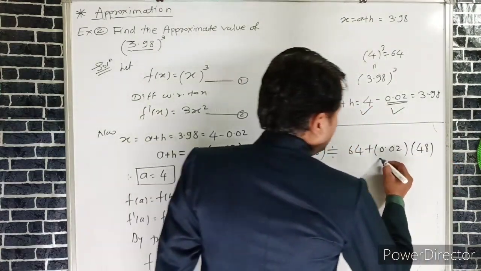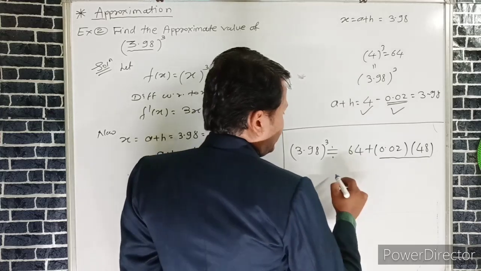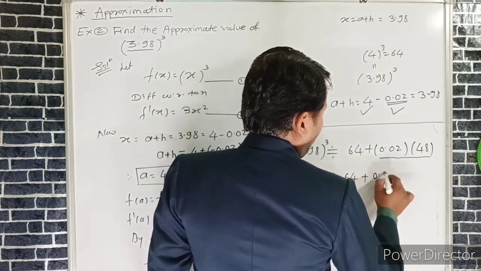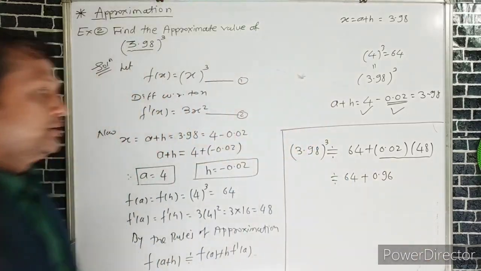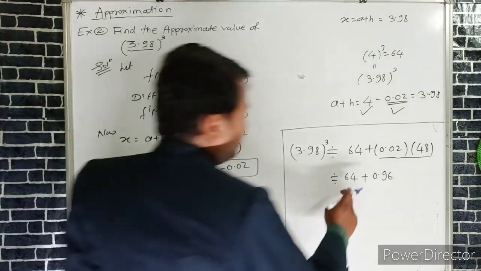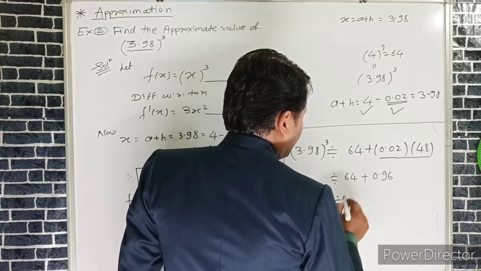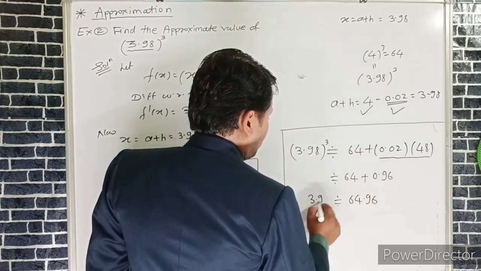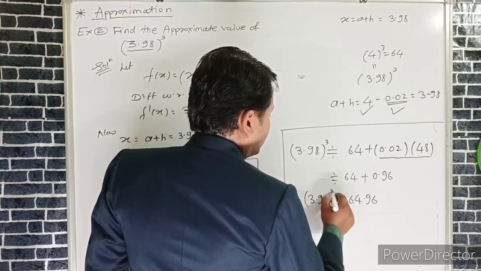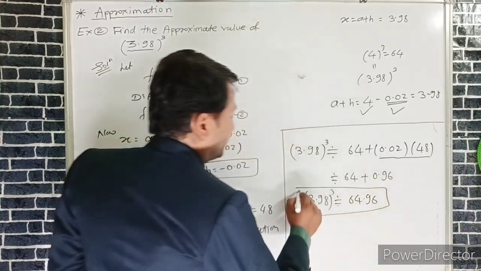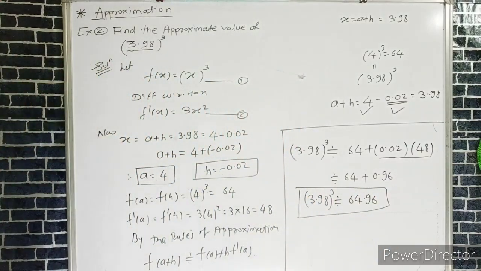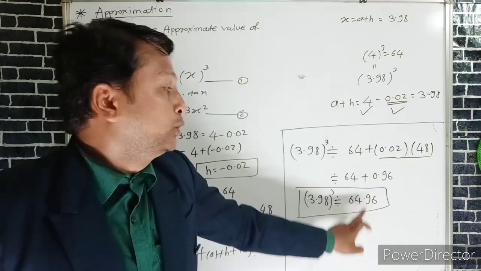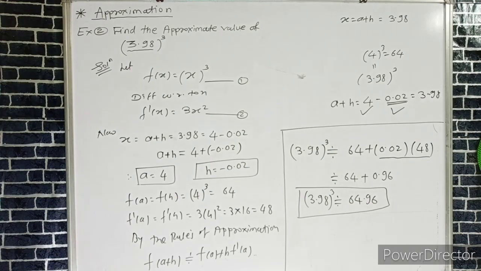The product of 0.02 and 48 is 0.96, so approximate to 64 plus 0.96. If we sum 64 and 0.96, we can write 64.96, which is the approximate value of 3.98 bracket cube.